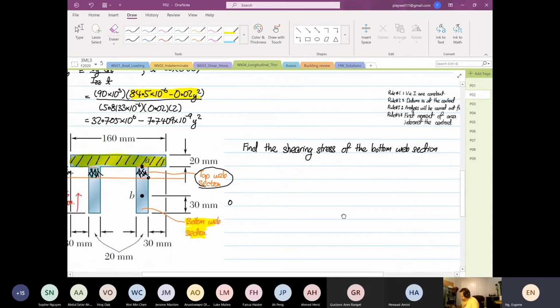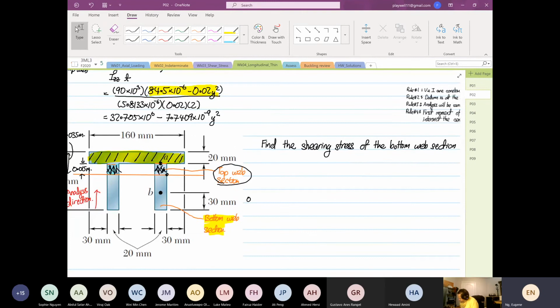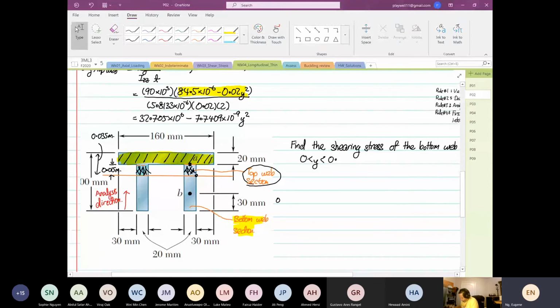So this solution will range for y from 0 up to 0.065.